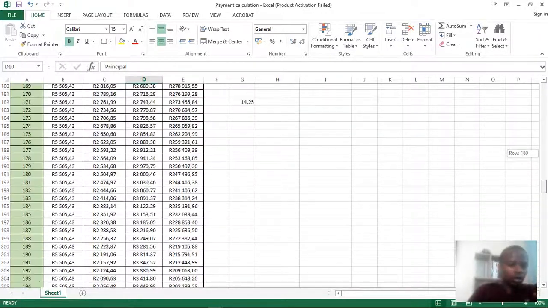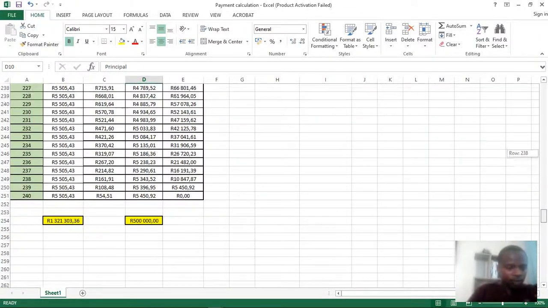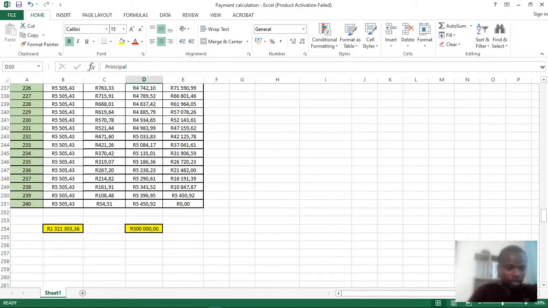And let's go on all the way to month number 240. So when you get to month number 240, you'll see that the interest that you're paying into the bond account is basically way less than the amount of money that you're paying into principal.